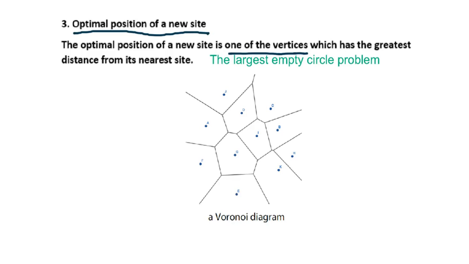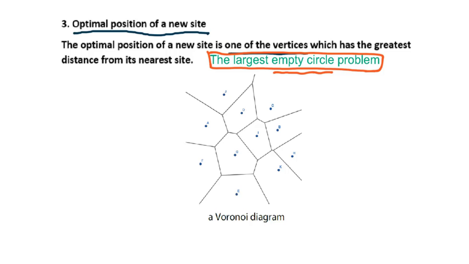This kind of problem is also called the largest empty circle problem. So the best position for a new site is the vertex which has the largest empty circle. Empty circle means no sites inside this circle.